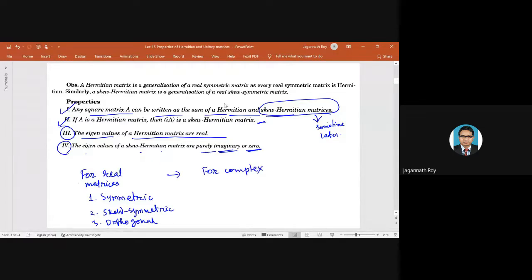And the properties that we have discussed for real matrices, that means the eigenvalues and eigenvectors, we want to study them. So this will be the Hermitian matrix, the parallel concept.